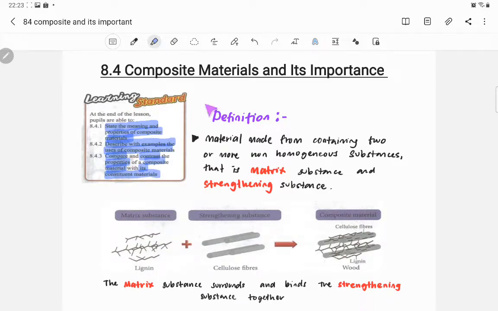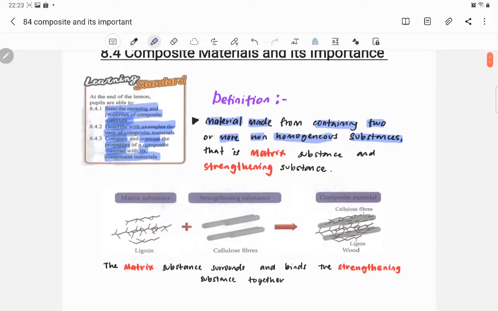Okay, let's proceed with the definition of composite material. So what is composite material? Composite material is material made from two or more non-homogeneous substances, that is matrix substance and strengthening substance. You can see the illustration that I show you.